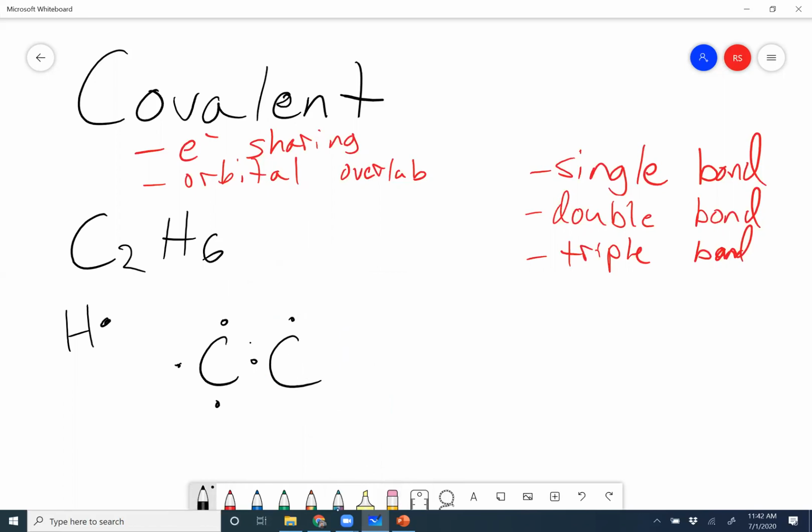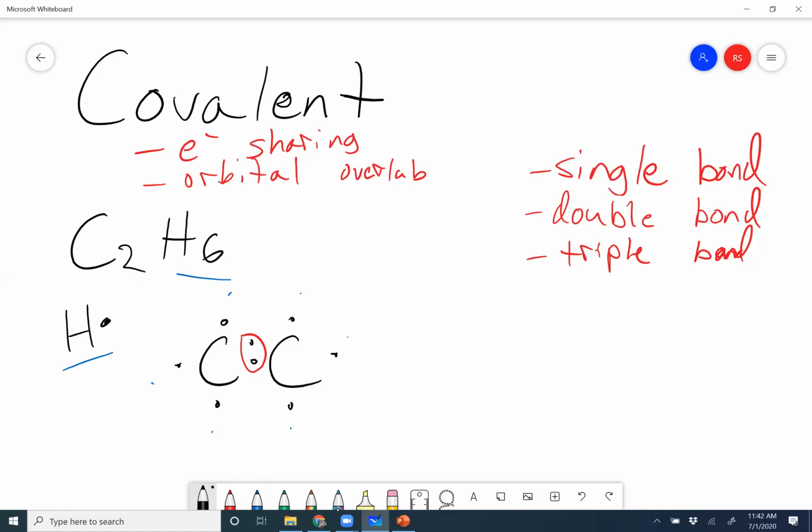We're going to need to bond them together at least one time. Now we have our bond between the 2 carbons, and we notice that we have 6 bonding electrons left over. It just so happens that we have 6 hydrogens that need to go around this, and each one of them has 1 bonding electron.